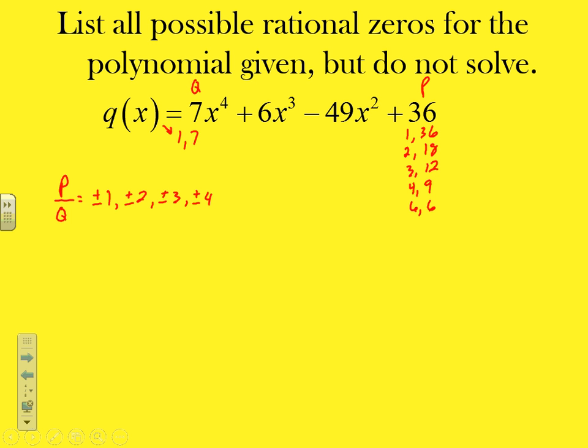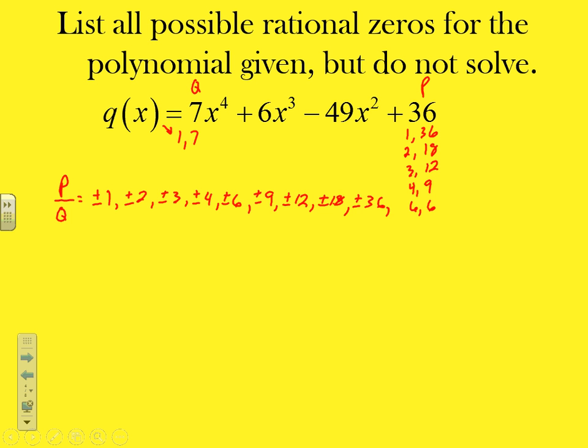Positive or negative 4, positive or negative 6. And again, since the 6 repeats, we don't write it down twice. And then the next number would be 9, positive or negative 9, positive or negative 12, 18, and finally 36. So that takes care of one set of numbers.